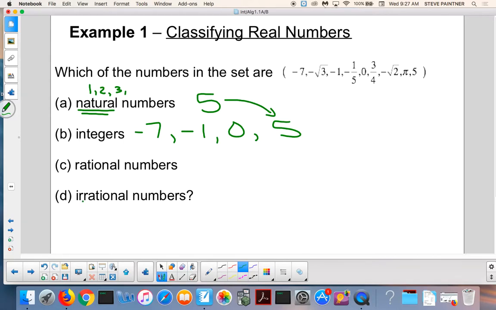All right, next. Rational. What's rational? Anything that can be written as a fraction. But it's also going to be the naturals, the wholes, and the integers. So what's rational? 3/4 is rational because it's a fraction, yeah. -1/5 because it's a fraction, yeah.